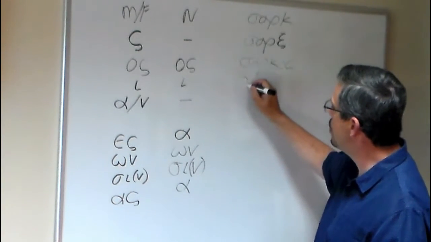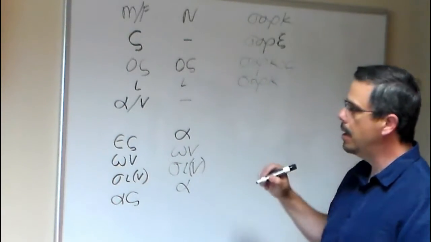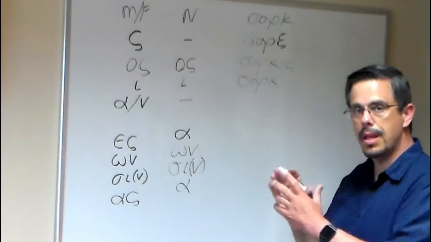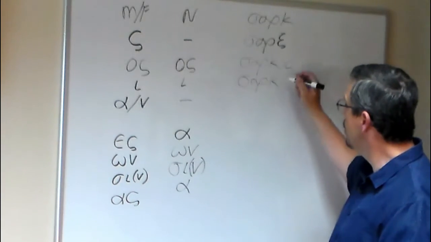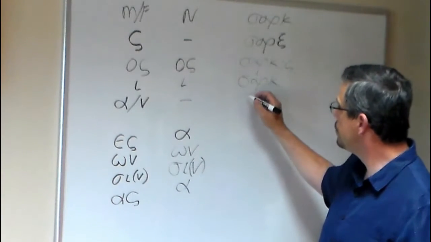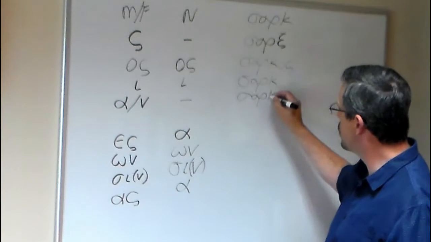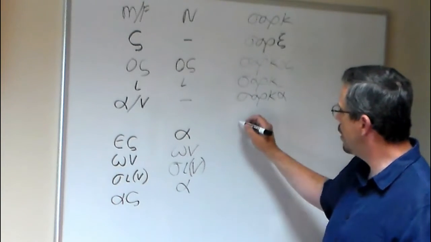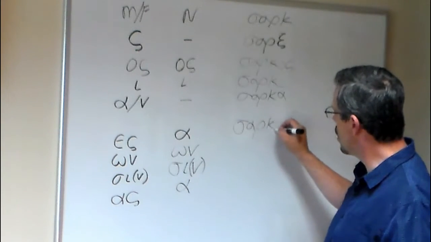Now, this one is a little different. We have the stem, but because it's a consonantal stem and it can't lengthen the last vowel, since there is no vowel there, it's just a normal iota. It doesn't subscript. Sarka. Now we come down here. Sarkes.